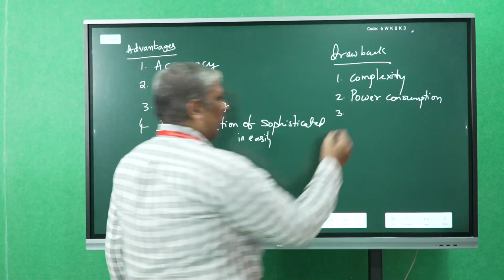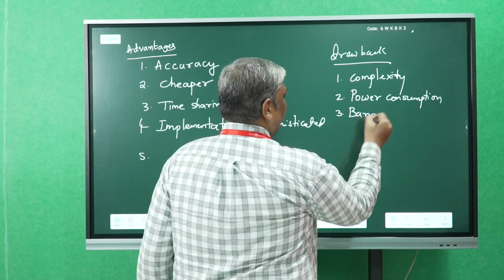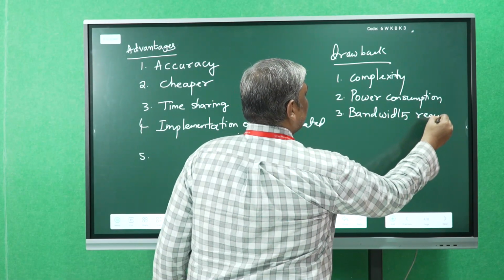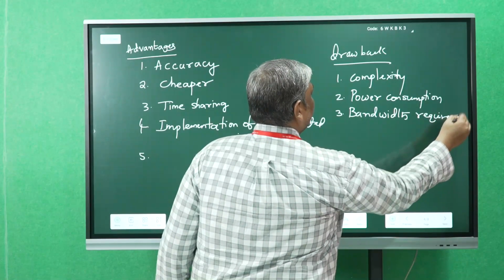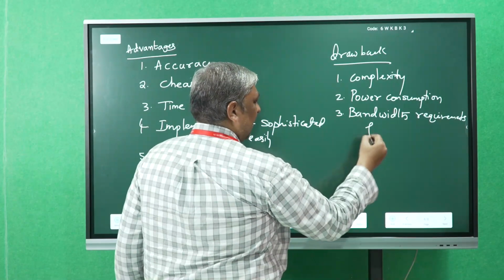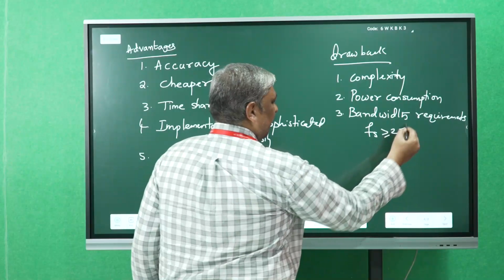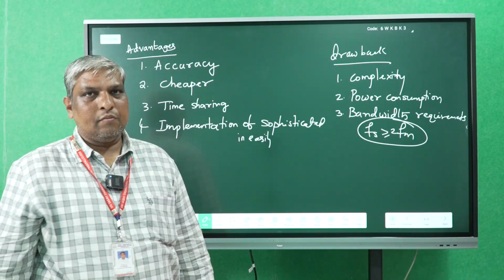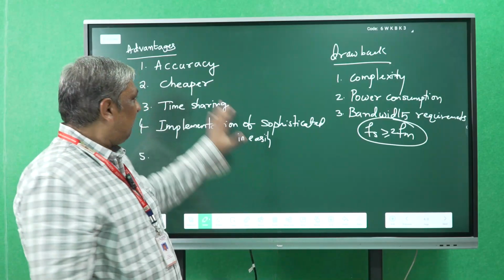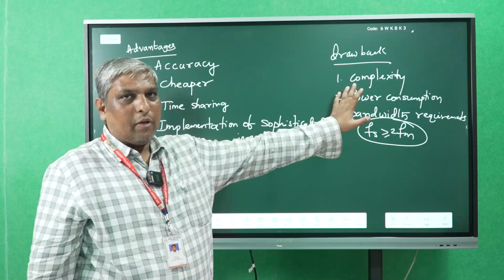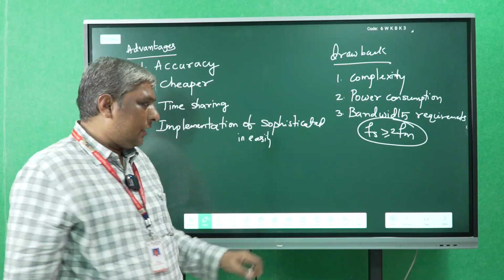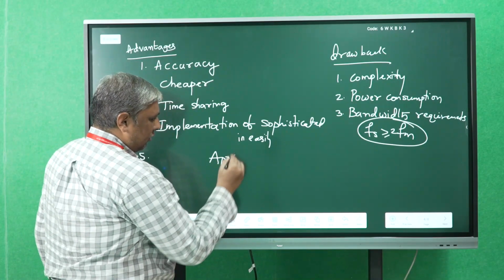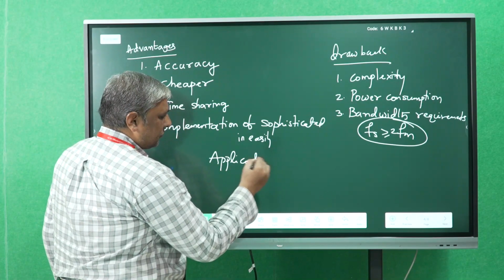The bandwidth requirement will be a problem for DSP, because we must always choose the value of Fs greater than or equal to 2F. So these are some drawbacks of the basic DSP device, and now the various applications of this DSP device.